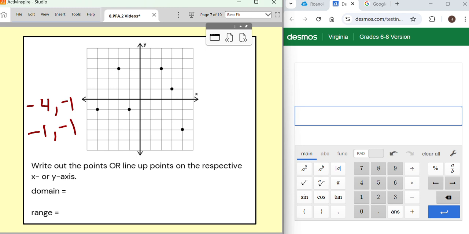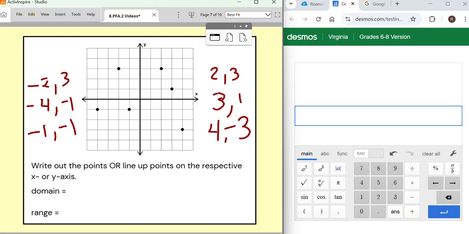Up here is -2, +3. And then these over here, I'm going to start with this one, which is 2, +2, +3, and then 3, +1, and 1, 2, 3, 4, -3.